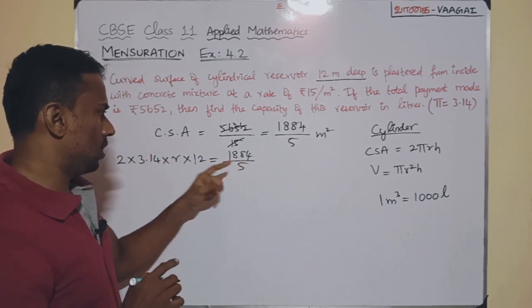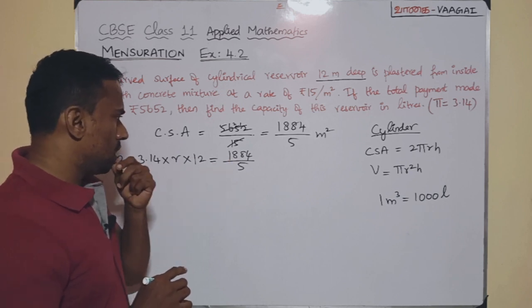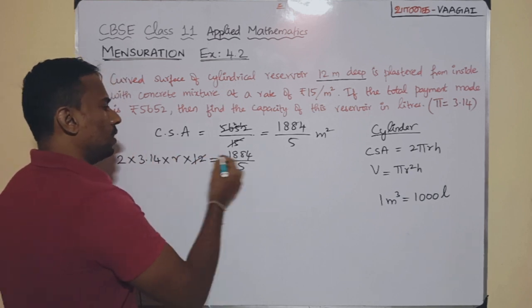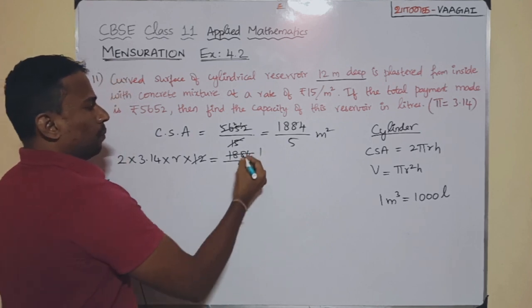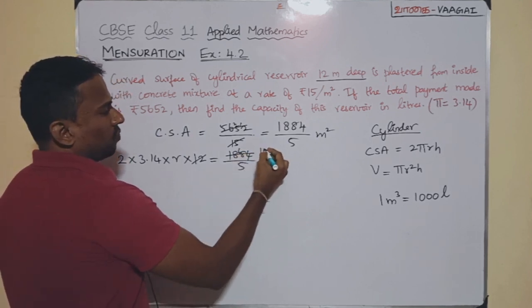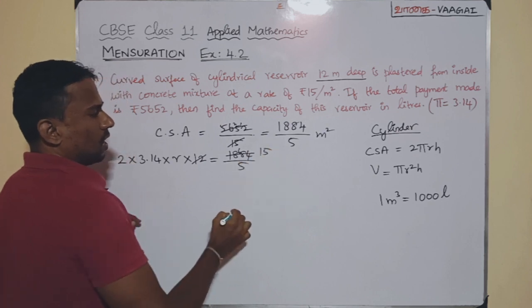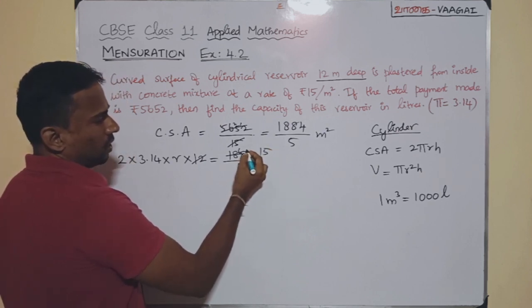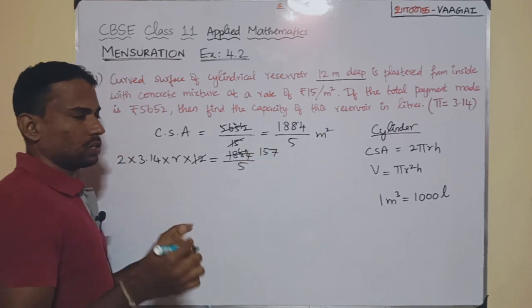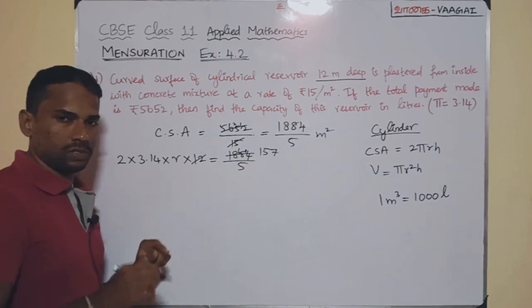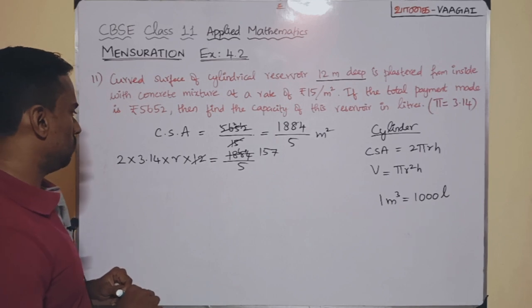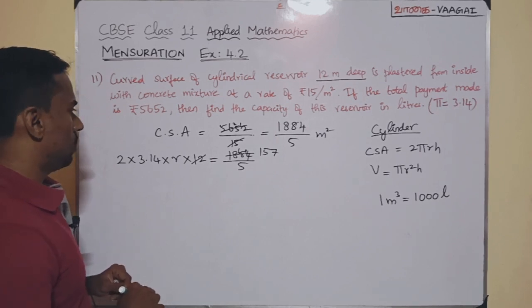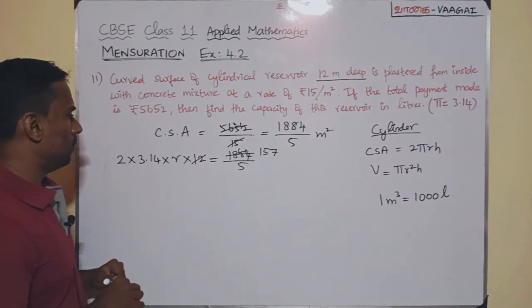So 12 ones are 12, balance will be 6. 12 5s are 60 and balance will be 8. 12 7s are 84. Success. 157 times in 12 tables. That's it, done. Hereafter we can't go for any kind of simplification, I think.